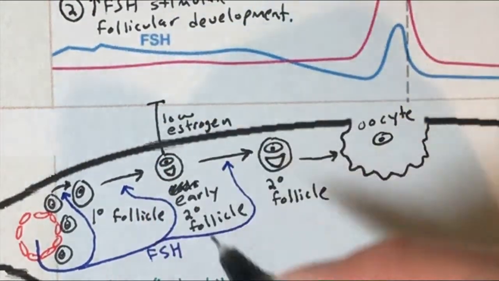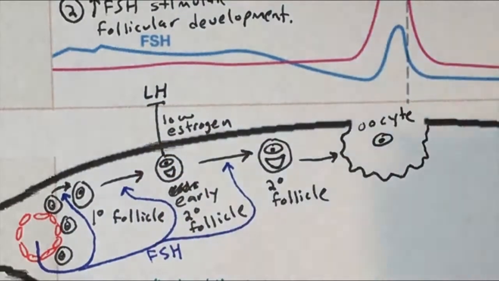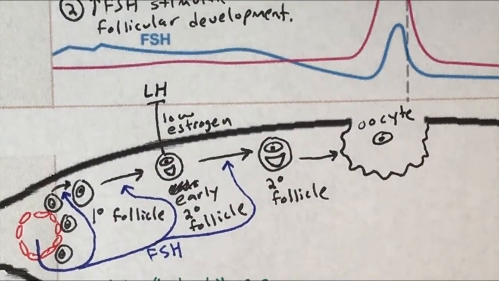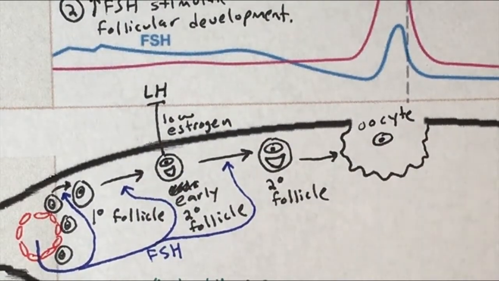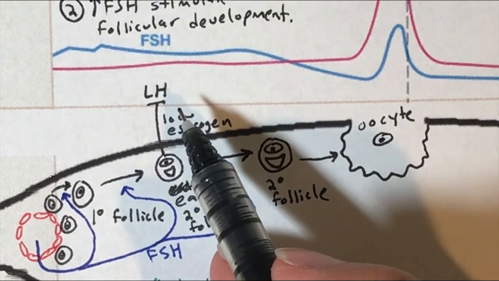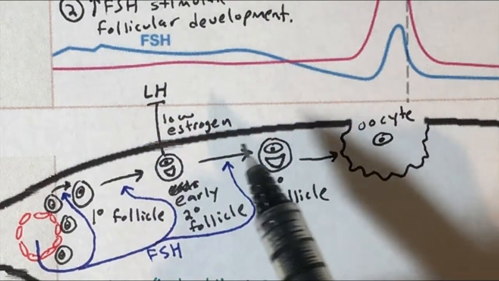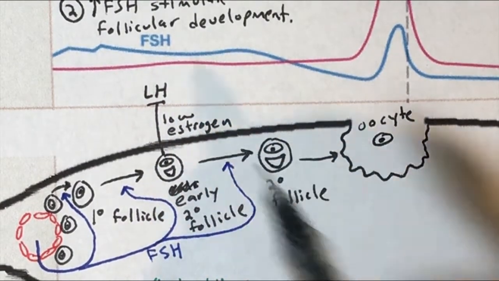And this inhibits LH. So it inhibits the release of luteinizing hormone from the pituitary gland. That's what the estrogen is going to do, or one of the things that estrogen does when it's in low concentrations.